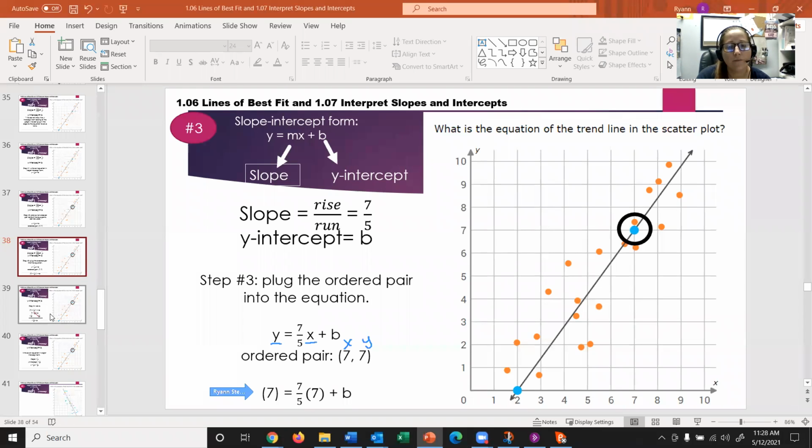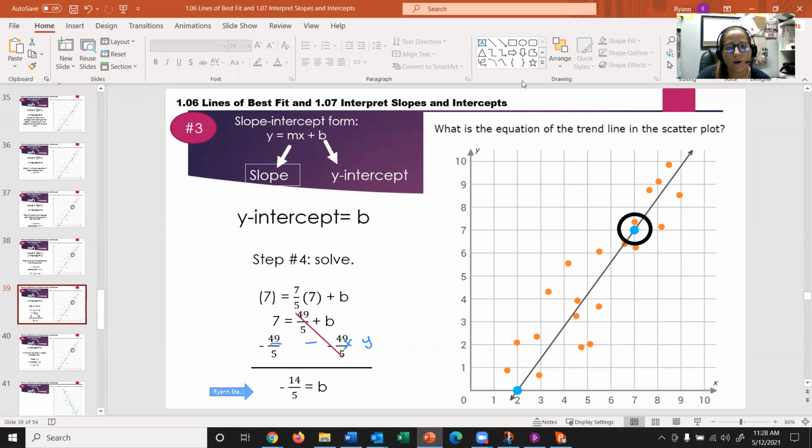Okay. Step number 4 is where we are going to solve. So we are going to say 7 is equal to 7/5 times 7. And again, don't be afraid of it as a fraction, just write it side by side. 7/5 times 7, and then we're going to place the 7/1, because it is a whole number.